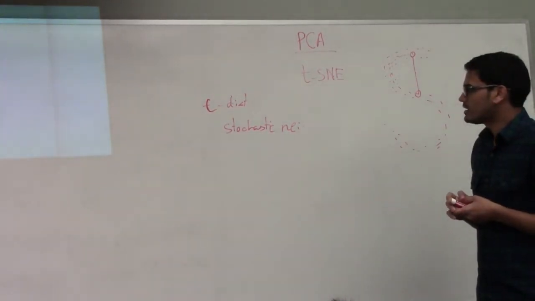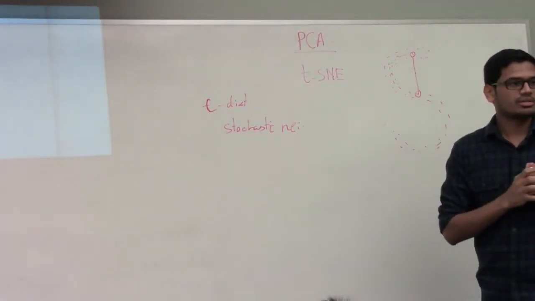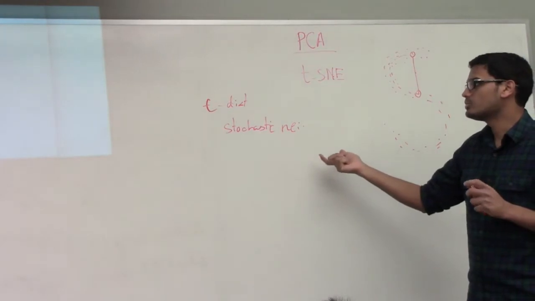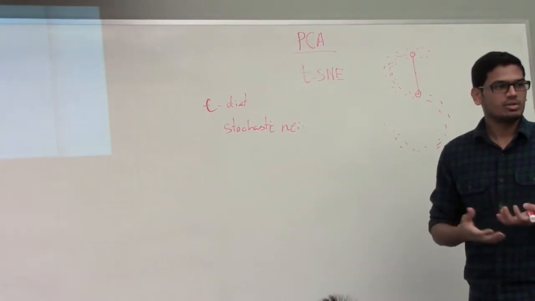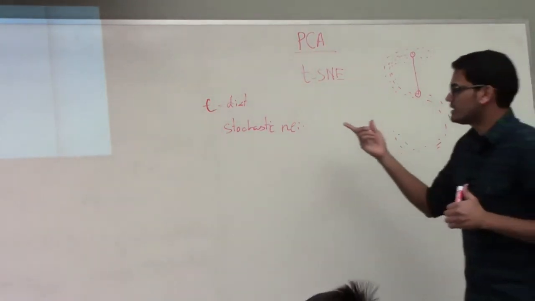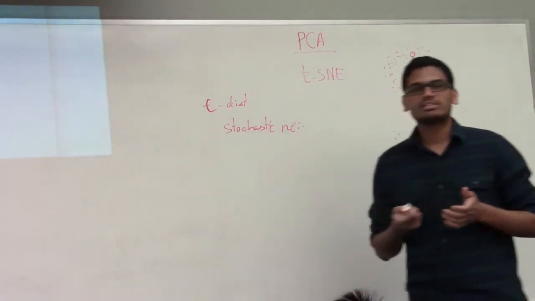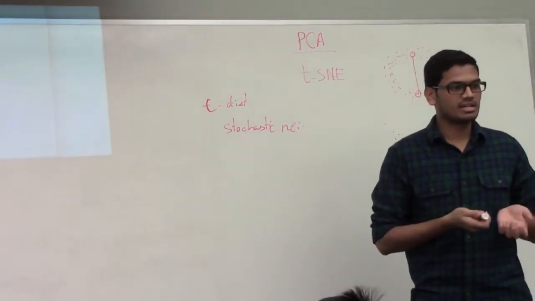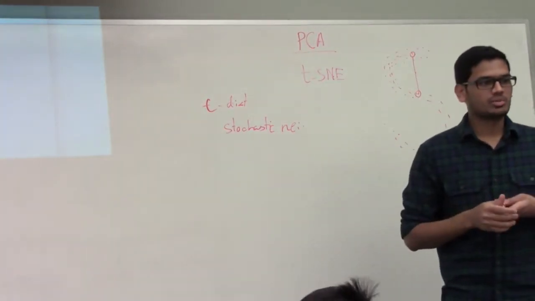So we understood why we have to give importance to nearby points, and now we look at how t-SNE generates the embedding in low dimensional space. Basically, t-SNE first calculates the similarity between the points in high dimensional space, which it represents as a joint probability.